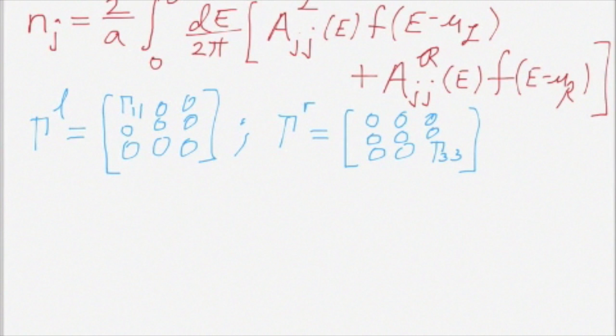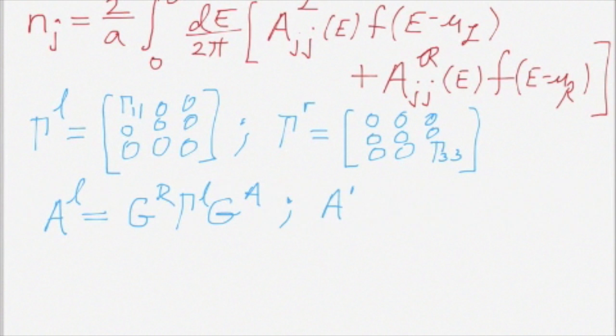And then you'll often see equations like this in terms of the left and right spectral functions. I was calling it capital L, I'm using a lowercase l. So A left, people write GR gamma L GA, and A right would equal GR gamma right GA. Again, just the kind of terminology that you see in the literature in terms of the left and right spectral functions.